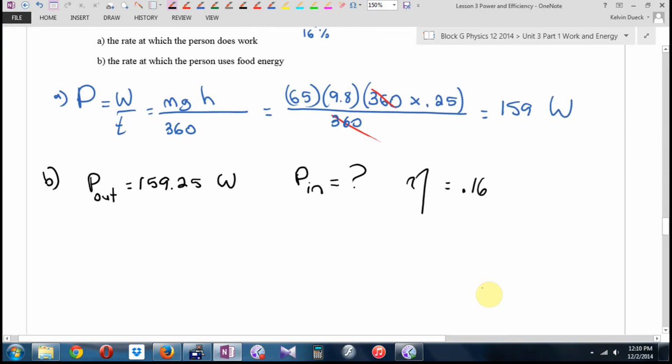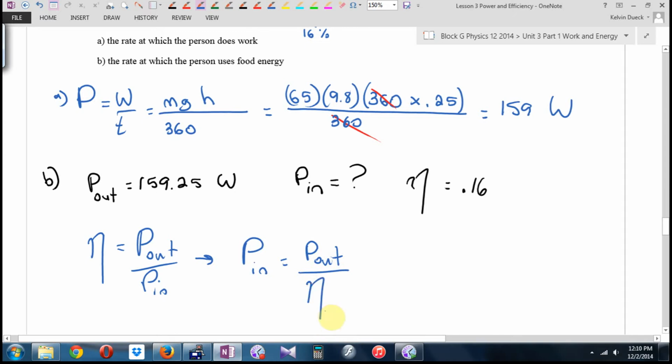So my equation here is going to be, well, efficiency is power out divided by power in, times 100%, but I just changed the percentage back to a decimal so I can skip that step. Remember your Math 8 way back in the day. I guess power in, because this is technically 1 fraction equals 1 fraction, stuff moves diagonally, is going to be the power out divided by the efficiency.